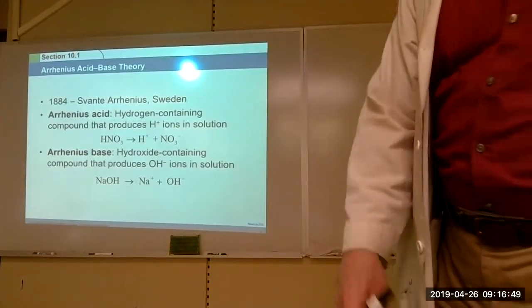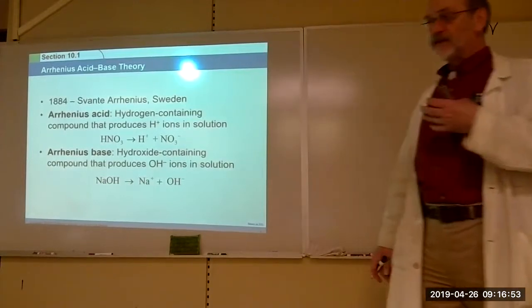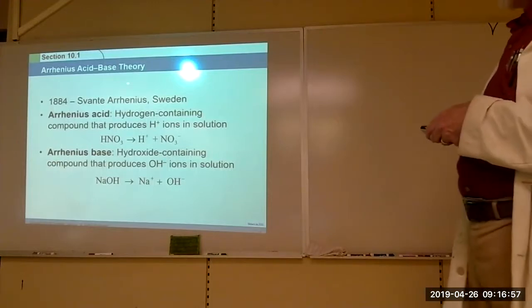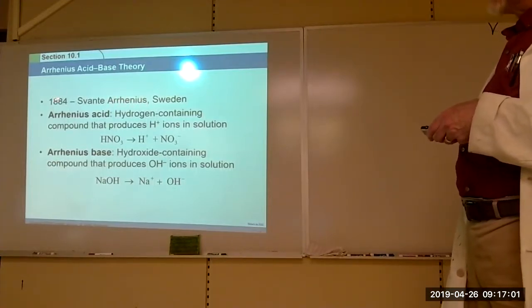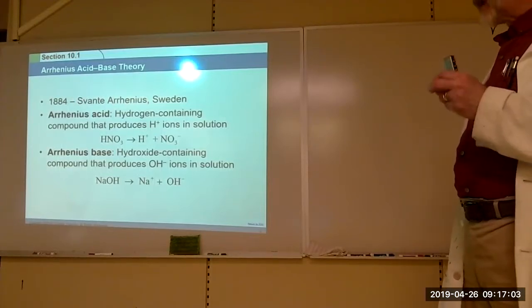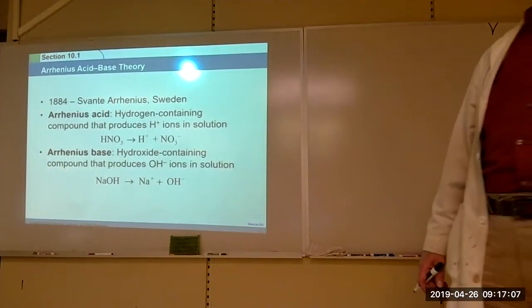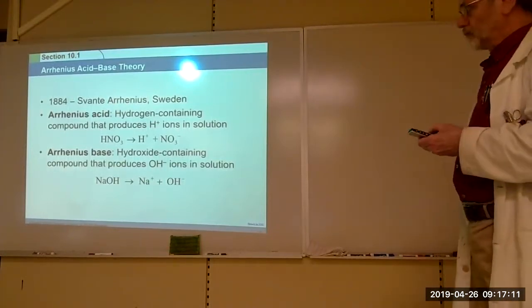The first coherent theory of acids and bases, actually what they are, was proposed by Arrhenius. He was a Swede. During this time, there was a lot of chemistry activity in Scandinavia, Sweden and Denmark. They were prominent worldwide.